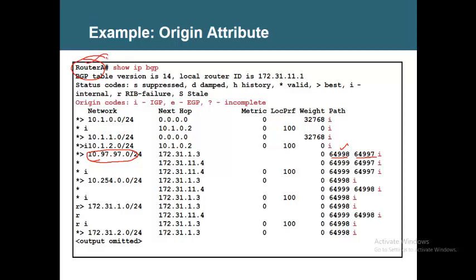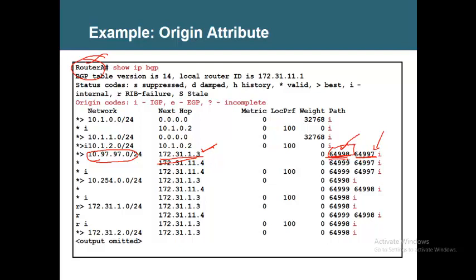This router belongs to a different autonomous system. Router A is not a member of this. This is the neighbor autonomous system, and this is the IP address of the neighbor. And then this router which has got this IP address belongs to this autonomous system. So the immediate autonomous system number will be first, and the originator autonomous system number will be last.